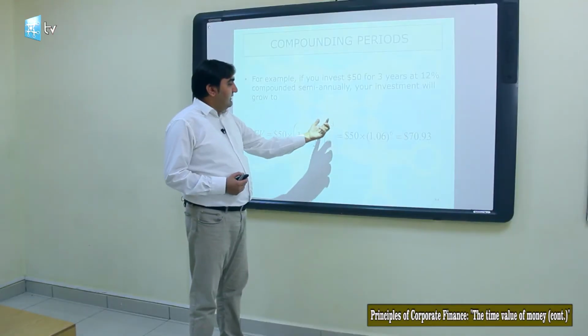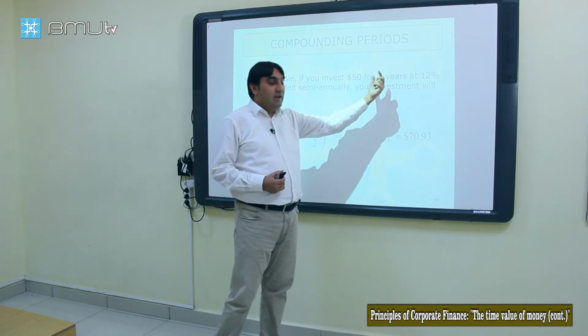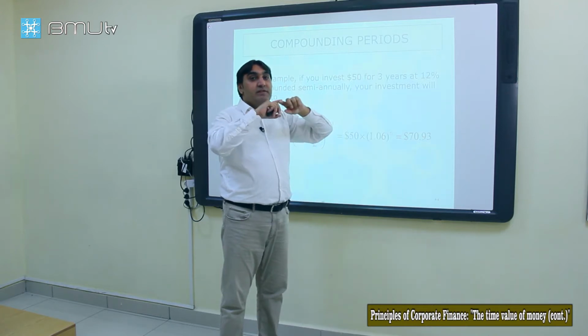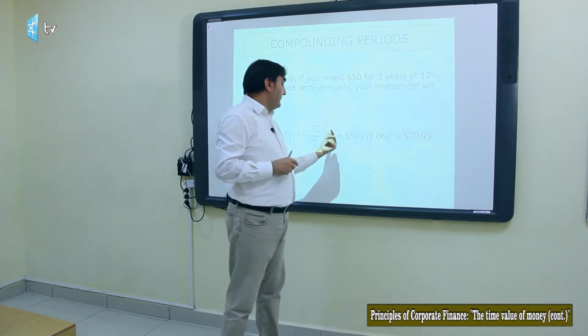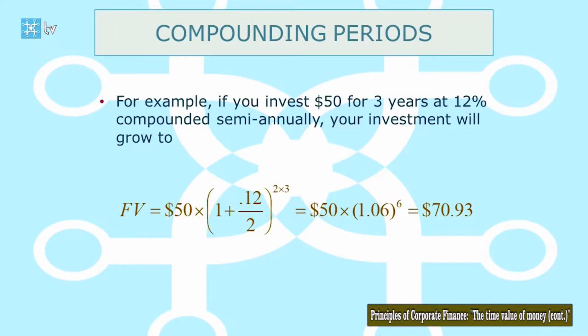That is the total number of periods. We have 3 years, and 2 semi-annual periods in a year, so a total of 6 semi-annual periods. And 50 times 1.06 to the power of 6 is $70.93.